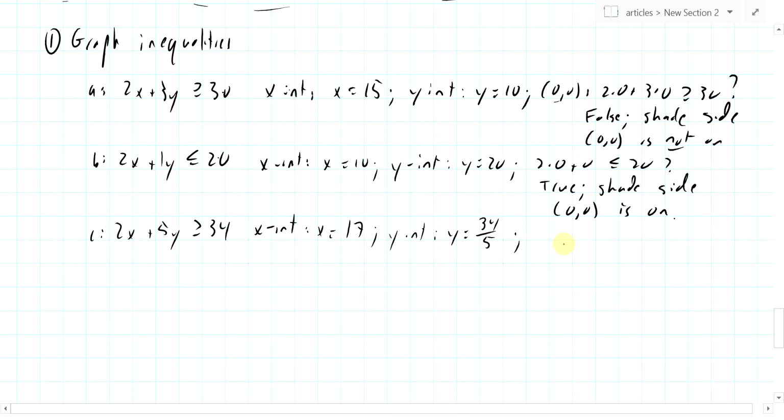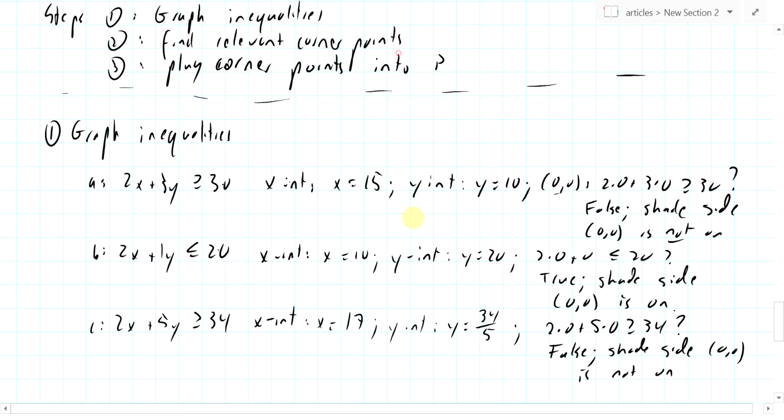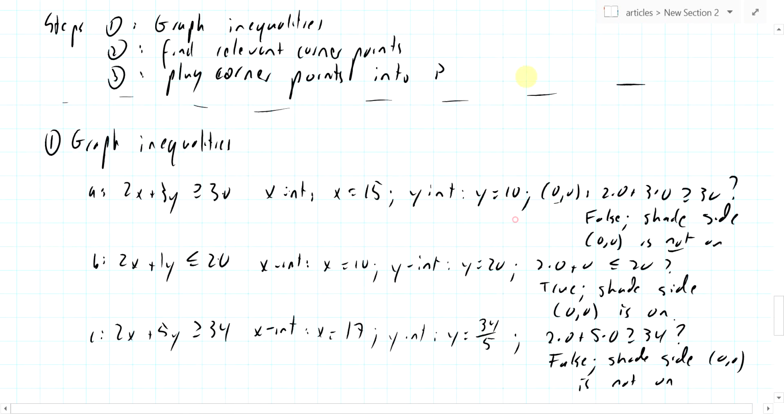And again, our test point is 0, 0. 2 times 0 plus 5 times 0 greater than or equal to 34? False. Shade the side our test point 0, 0 is not on. And remember, our inequalities are only in the first quadrant.